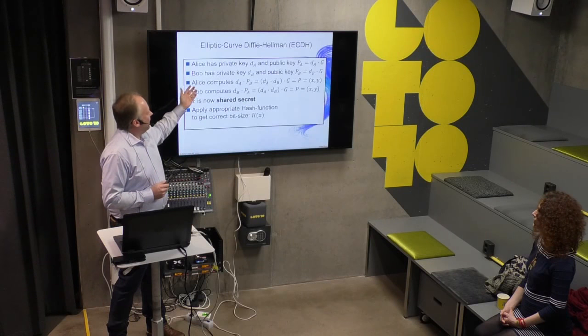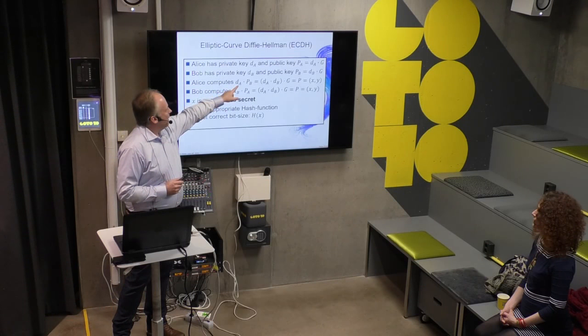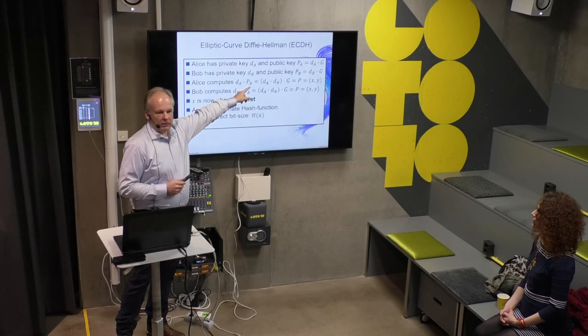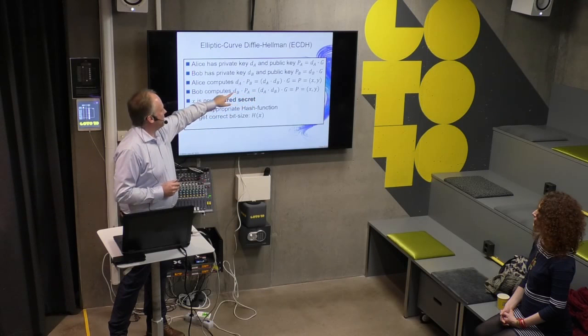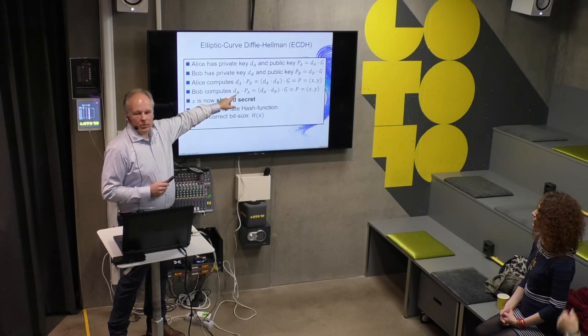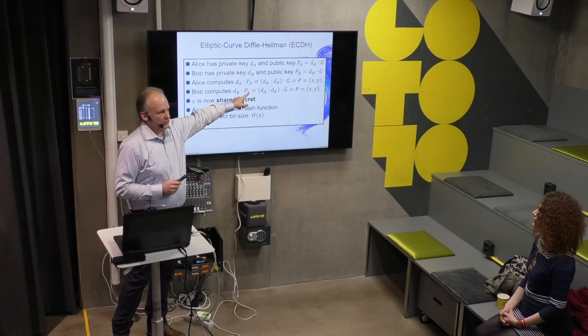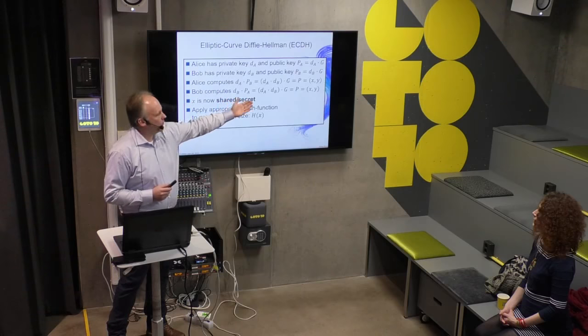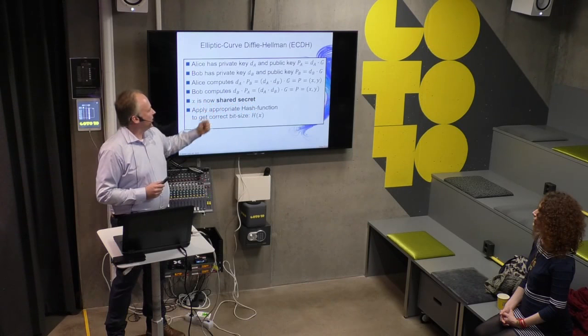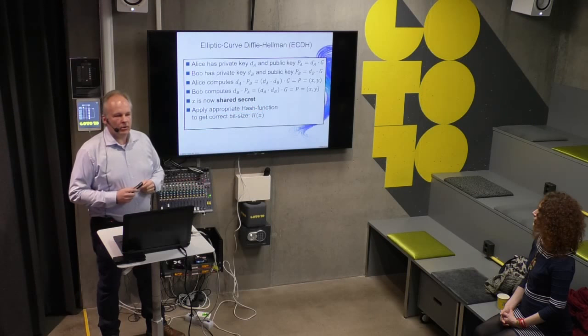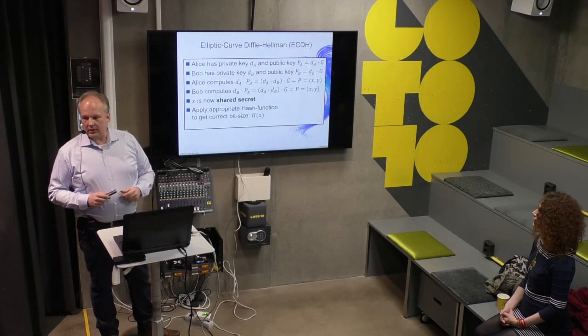Now, if Alice takes her private key and multiplies it with the public key provided by Bob, she gets the same result as if Bob takes his private key and multiplies it with the public key of Alice. Right? So that's the basic idea. They both get the same result, but the shared secret, which is the x coordinate of that point, is never transmitted.